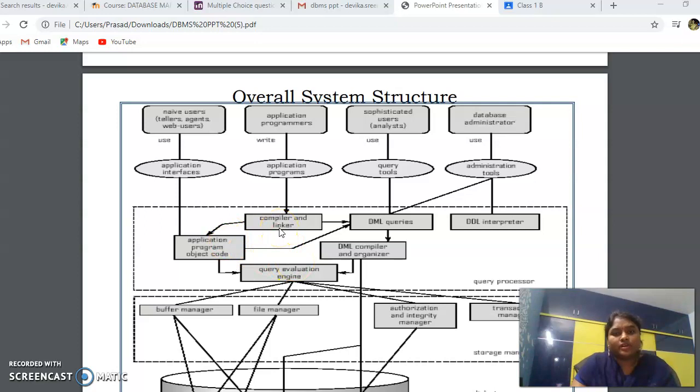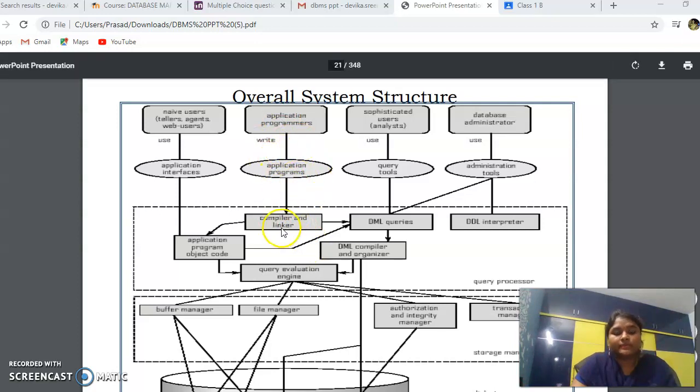As we all know, there are steps during execution of a C program, like compilation, and interpretation in a Java program. The same steps will be followed here also. When we write or interact with an application program, it uses a compiler and linker.